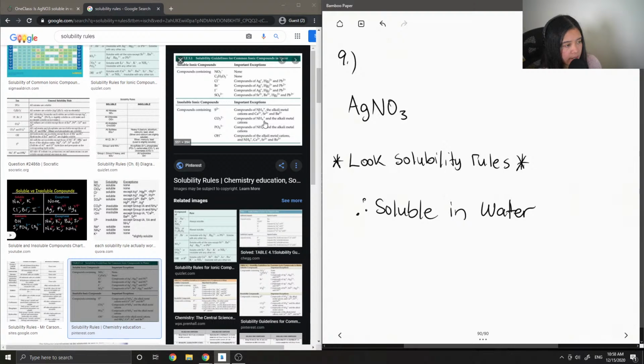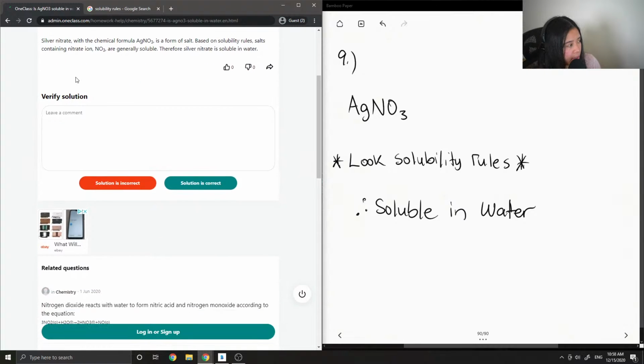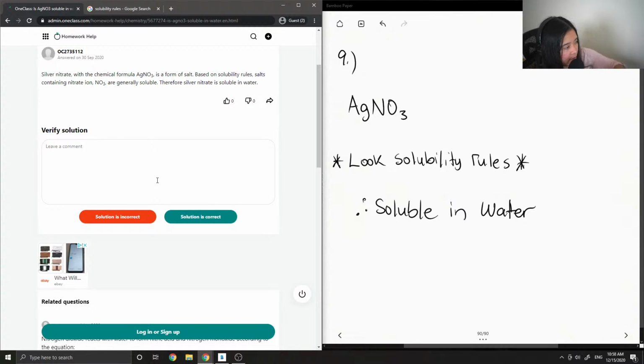But because it is bonded with a nitrate, we know that it is soluble. So the junior tutor said silver nitrate with the chemical formula AgNO3 is a form of salt. Based on solubility rules, salts containing nitrate ion are generally soluble. Yep, so this solution is correct.